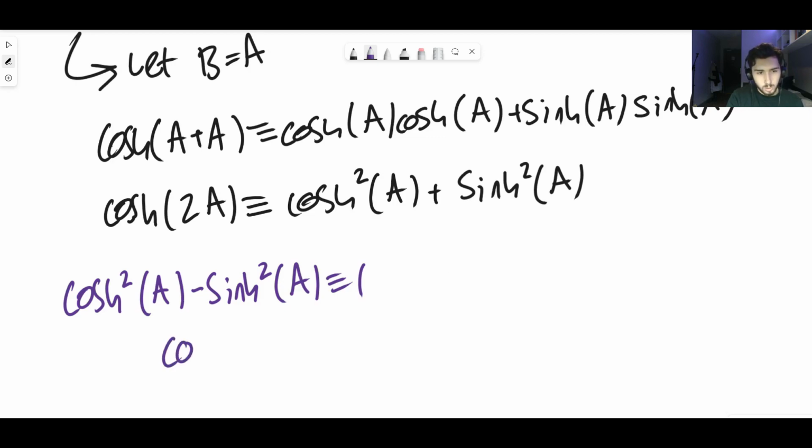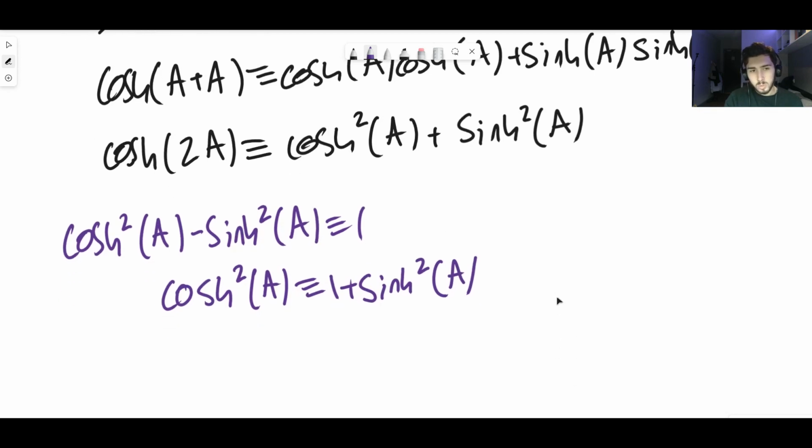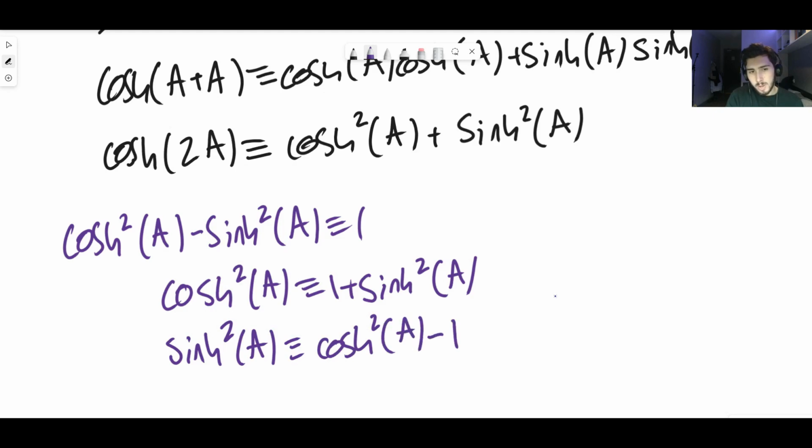We end up getting that cosh squared a on its own is identical to 1 plus sinh squared a. And we also get that sinh squared a is identical to cosh squared a minus 1.